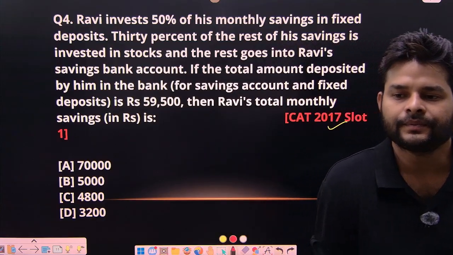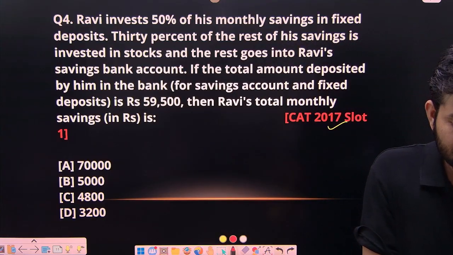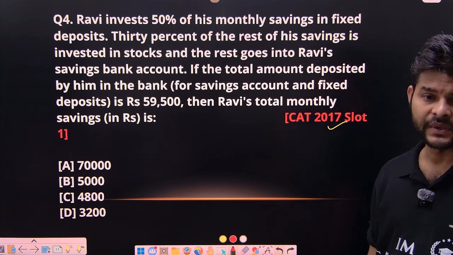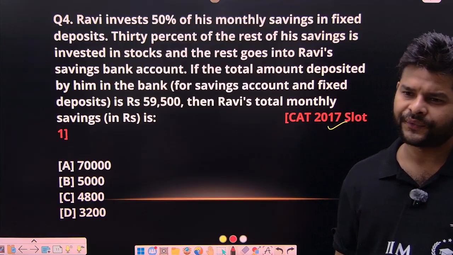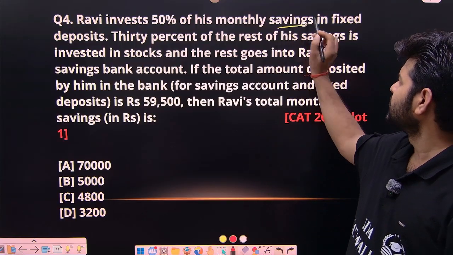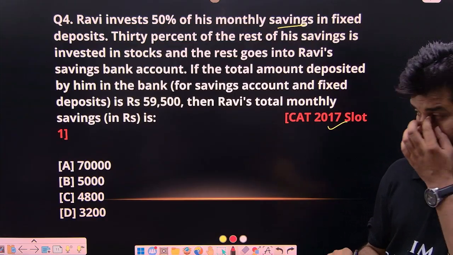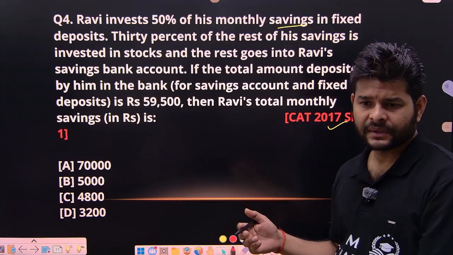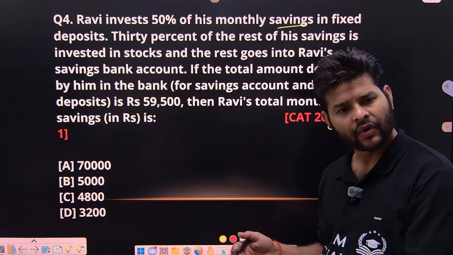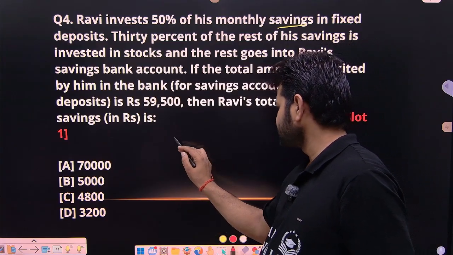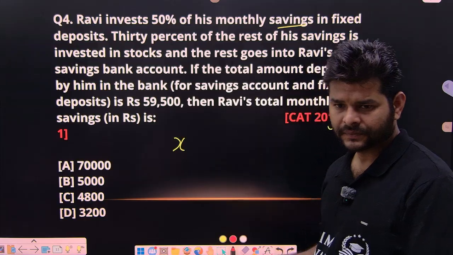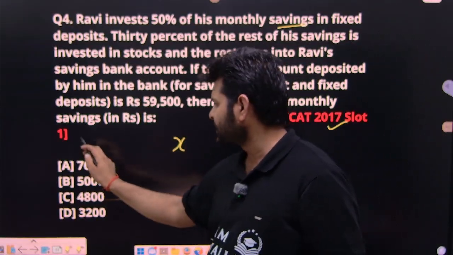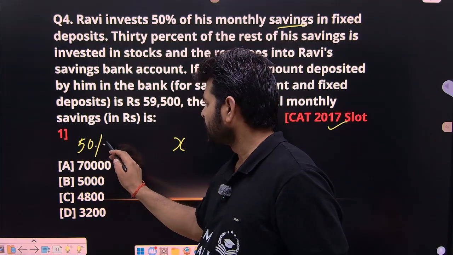So Ravi invests 50% of his monthly savings in fixed deposits. We don't know the monthly savings of Ravi. Suppose Ravi's monthly saving is X. And 50% of X. So 50% means what, guys? 1 by 2.